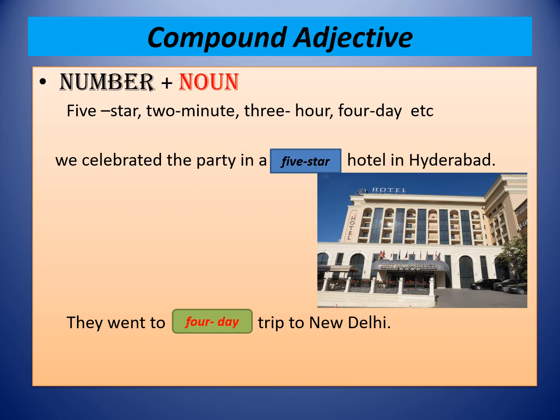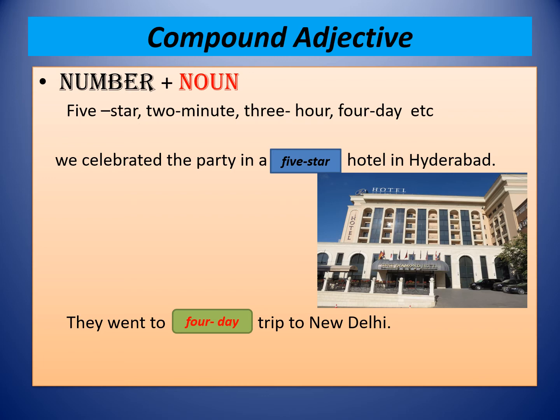Students, we have to learn one rule here. What is that rule? When we have a number before a noun in a compound adjective, that noun is always in singular form. When we have a number before a noun, so day is a noun, 4 is a number.